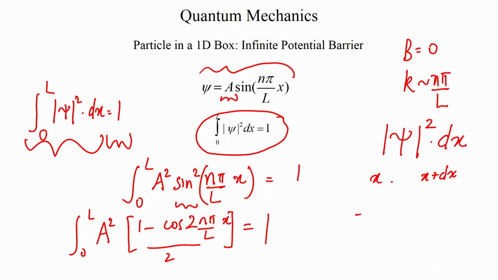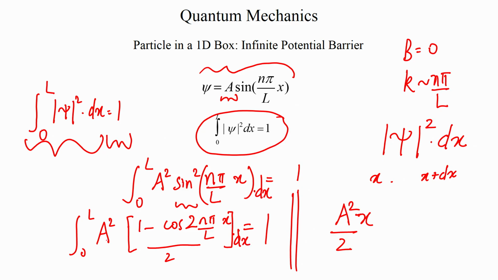Now this integral is simply a square by 2 into x. So this is all with respect to dx, sorry I have missed that out. So you are integrating with respect to x everywhere.